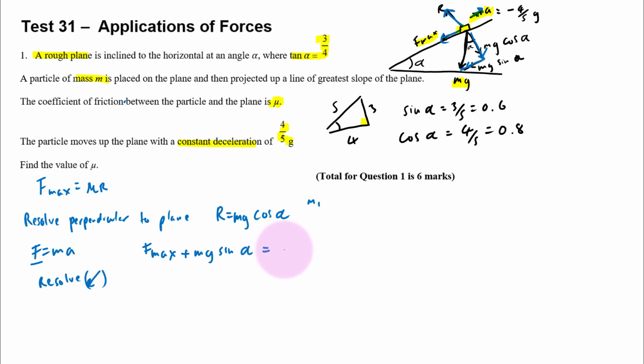So it's got the mass, which is m, times 0.8 g, because it's going the same way. Okay, if you're doing it that way.